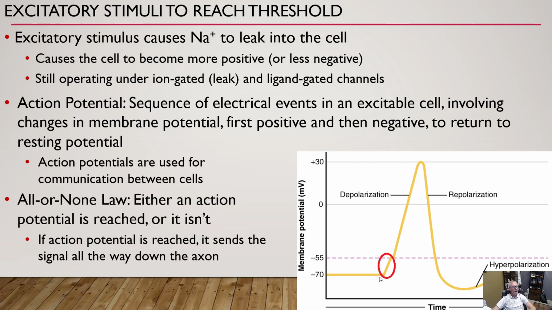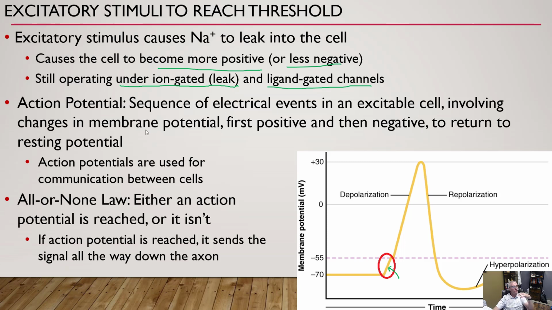So what will happen is we're going to make this inside of the cell less negative or more positive. So you can see here that we're going to have that curve start to go up. So more positive, less negative. So right now we're still operating under these ion-gated leak channels, these ligand-gated channels, as we're pulling sodium in.